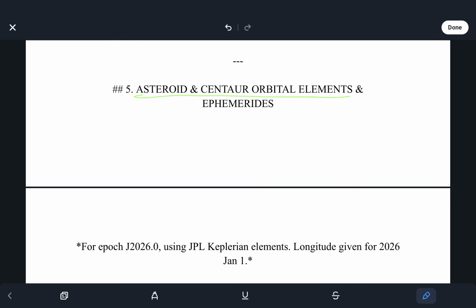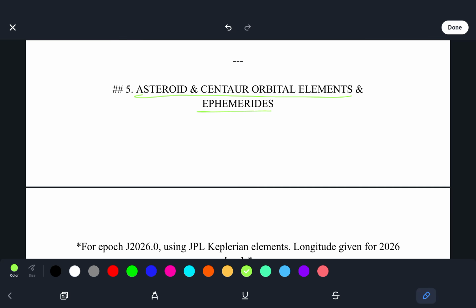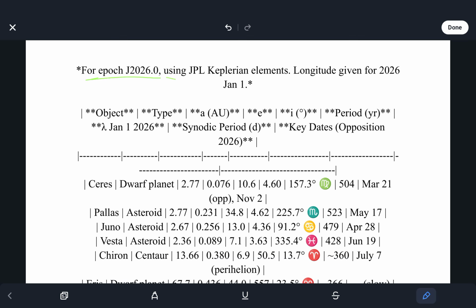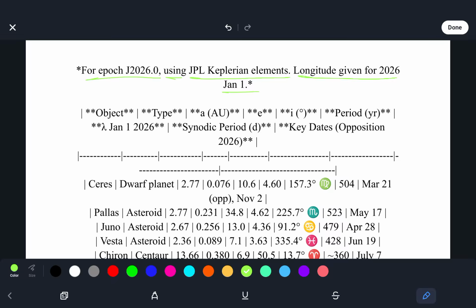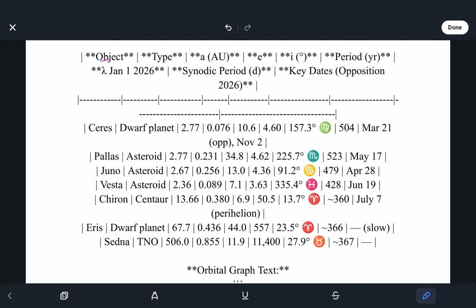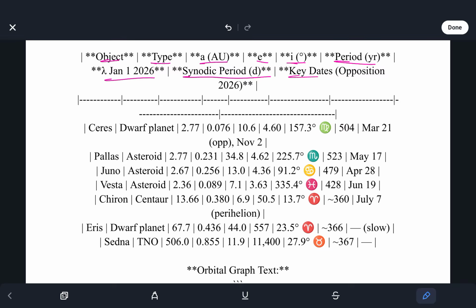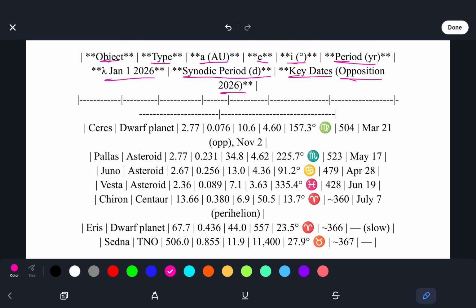All right, asteroid and centaur orbital elements and ephemerides. So for epoch J2026.0, using JPL Keplerian elements, longitude given for January 1st, 2026 specifically. We have our object type, AU, E, I in degrees, period in years, January 1st of 2026, synodic period in days, key dates, opposition of 2026.